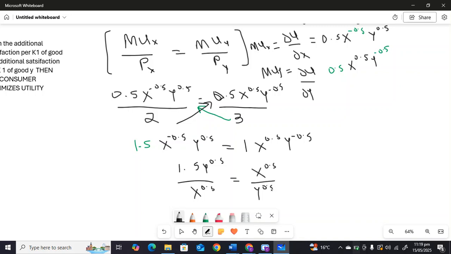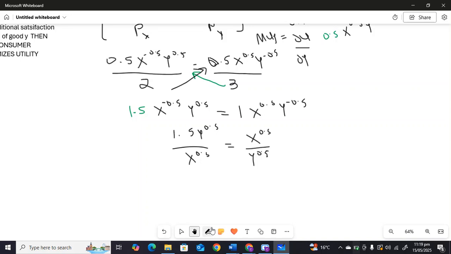Okay, this y to the power negative 0.5 comes on the bottom. This is the law of indices being applied here. Even this x to the power negative 0.5 comes to the bottom.